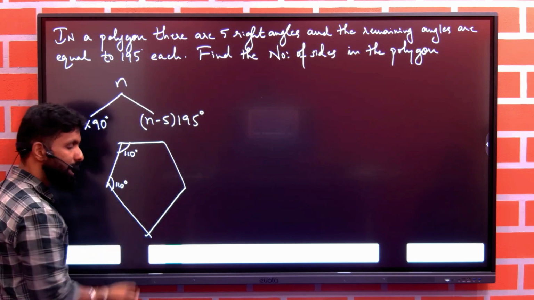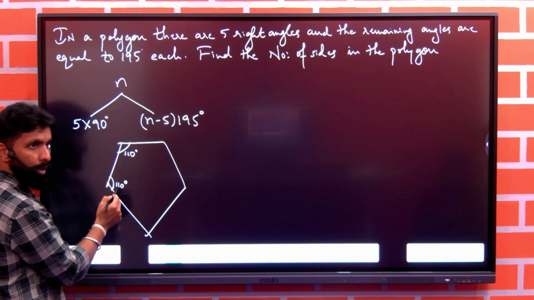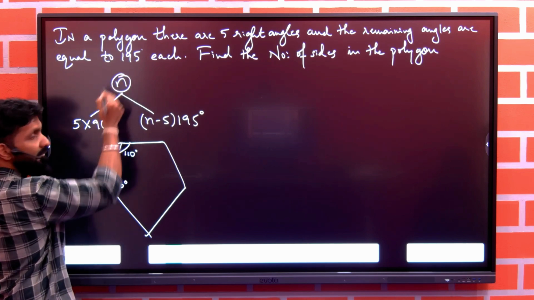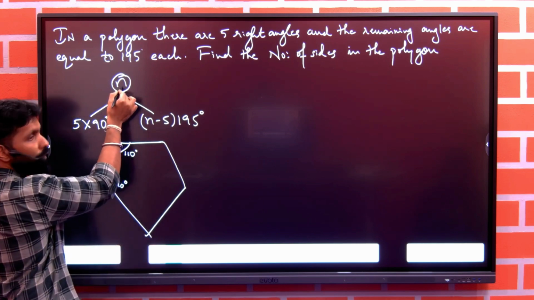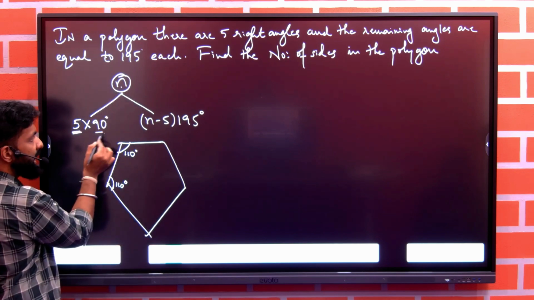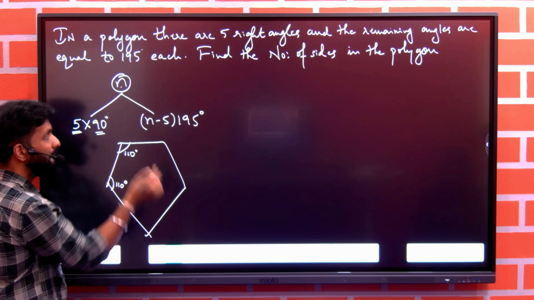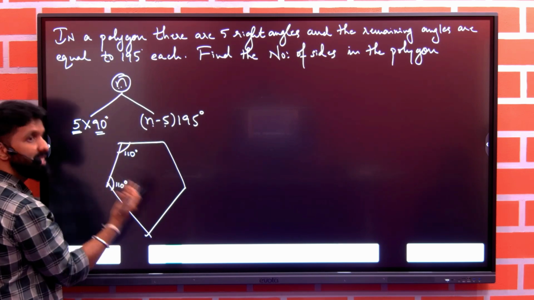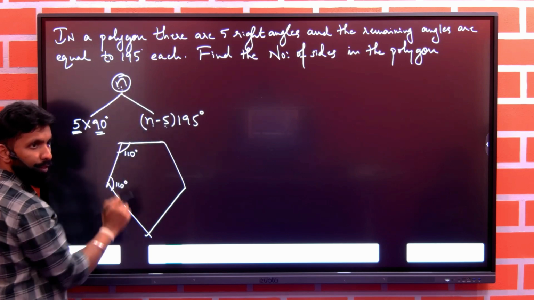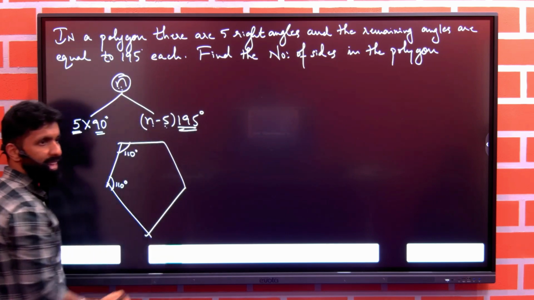How do I get 3? 5 minus 2. Right now we have n angles. If n sides are there, n angles will be there. So out of n angles, if 5 angles are 90 degrees, how many angles are remaining? n minus 5, like how we said 5 minus 2. Each of them are equal to 195 degrees.